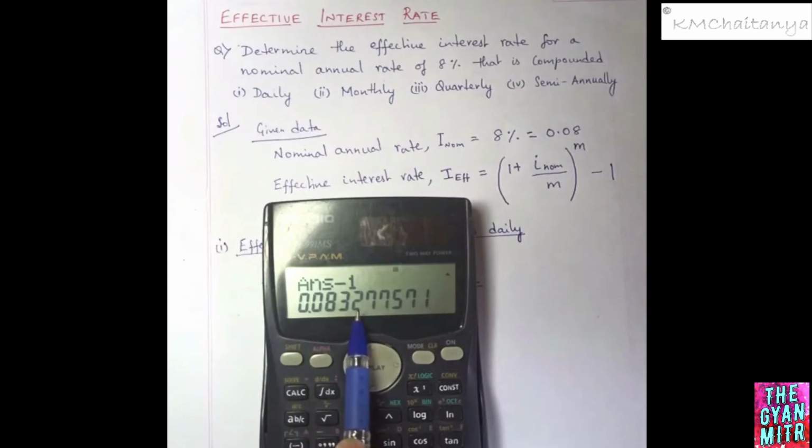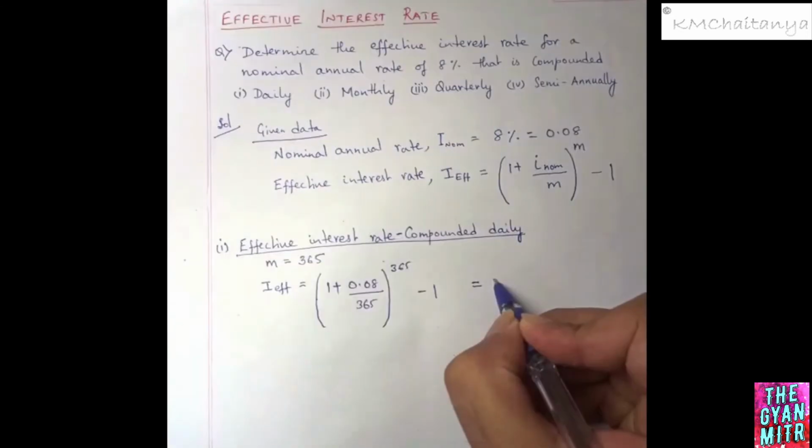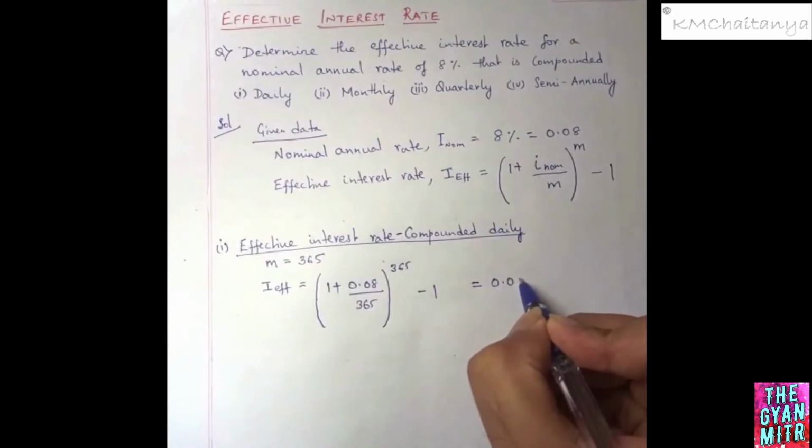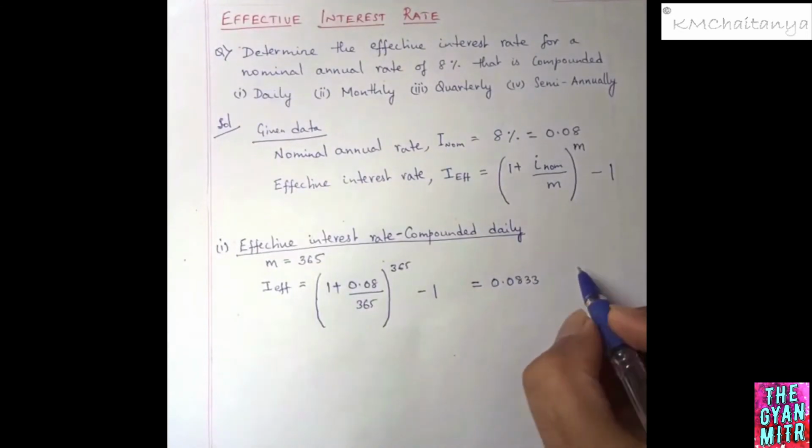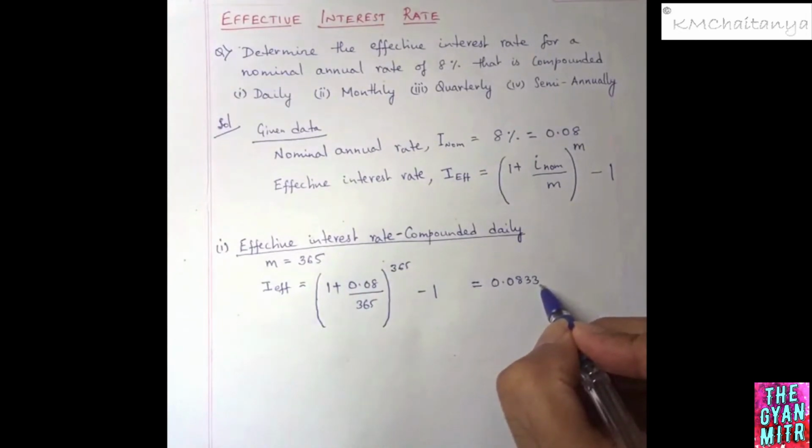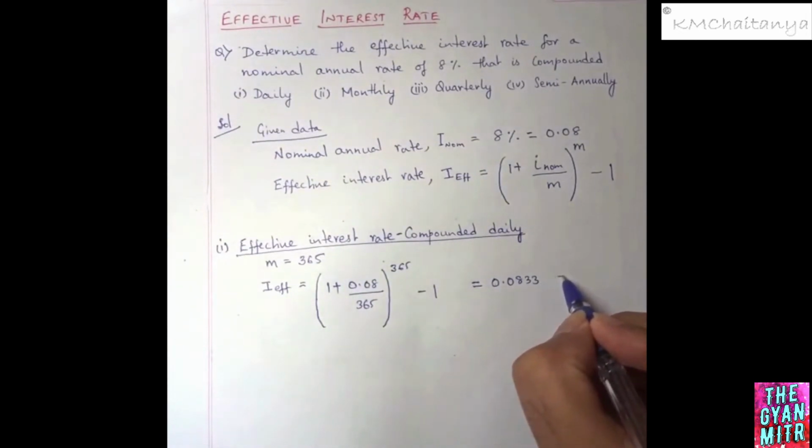So this is the effective interest rate if the nominal interest rate of 8% is compounded daily. If I convert this into a percentage, it will be equal to 8.33%.